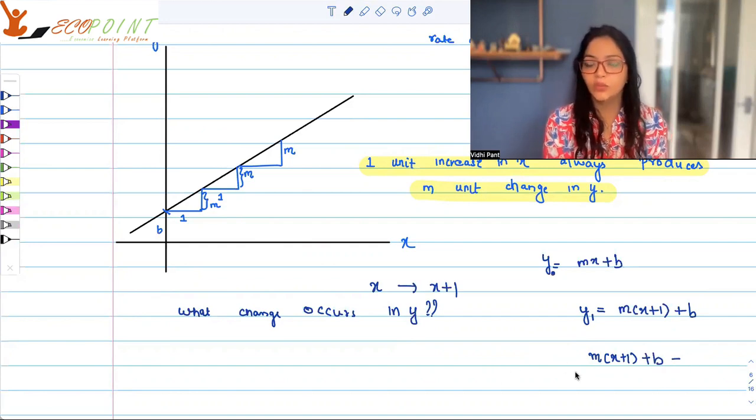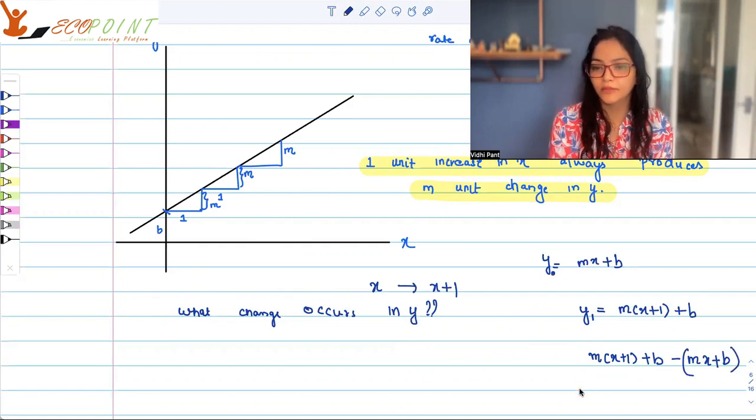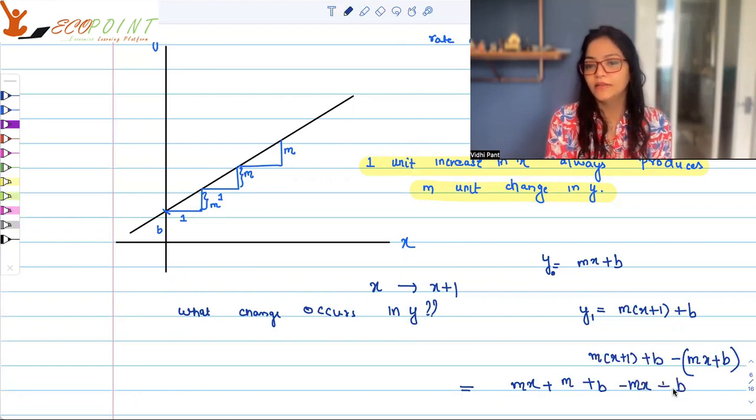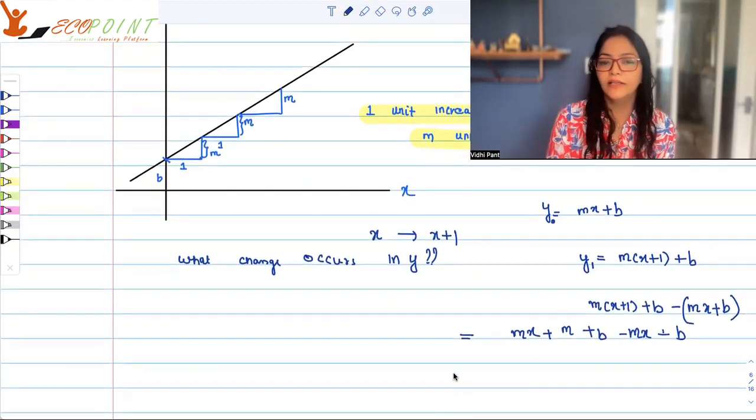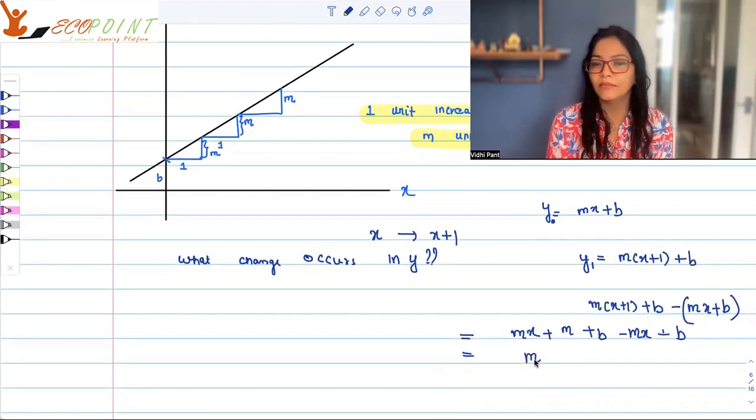The change in y that is happening is the new y minus the old y that we had, which is mx plus b, right? So mx plus m plus b minus mx minus b. And that clearly gives you just m.